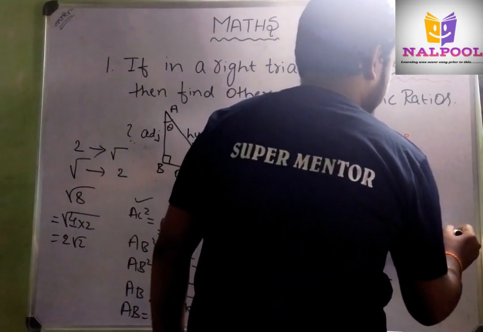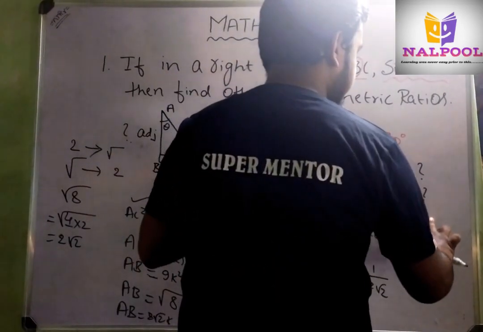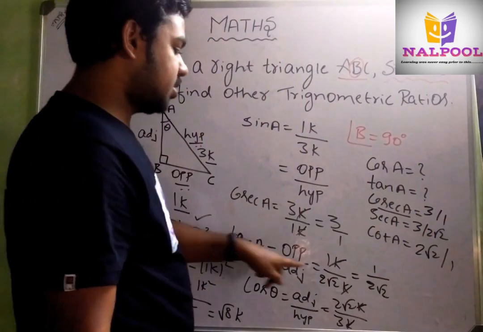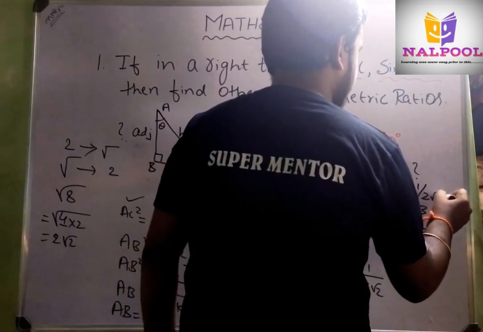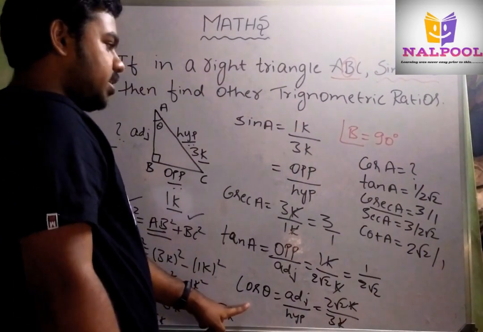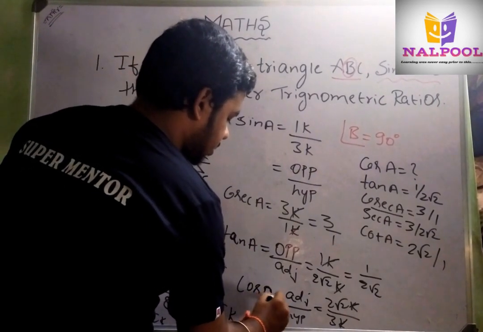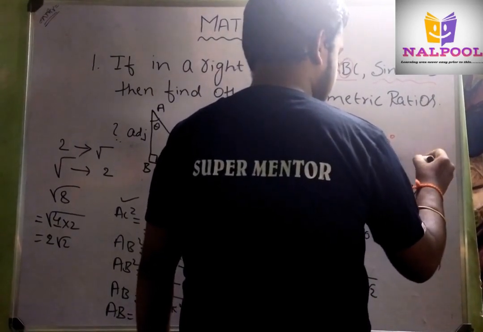Cosecant, here we found 3 by 1. Tan A is how much? 1 by 2 root 2. Next cos theta, sorry, here it is A. Cos A is how much? 2 root 2 by 3.